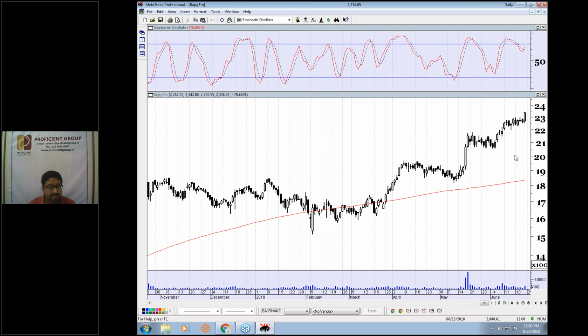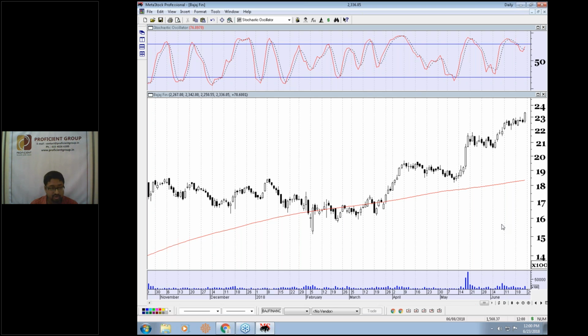And yesterday, Bajaj Finance also closed at its lifetime high, as you can see. And whenever the stock hits its lifetime high, we have to trade it from the long side. There is no point in asking whether the stock is fundamentally overvalued or not. We do not ask that kind of questions.